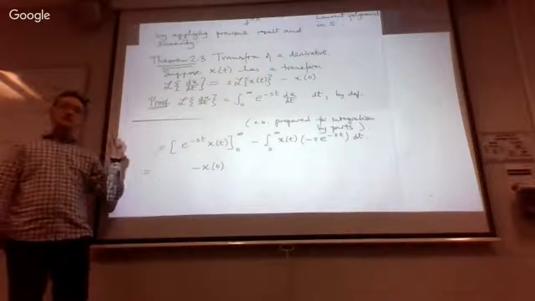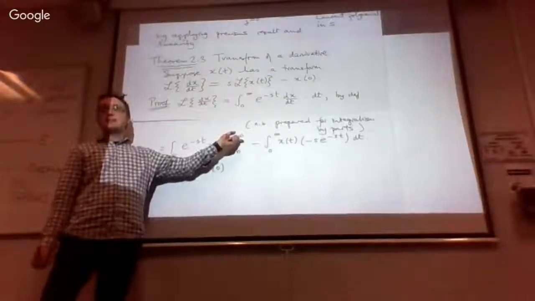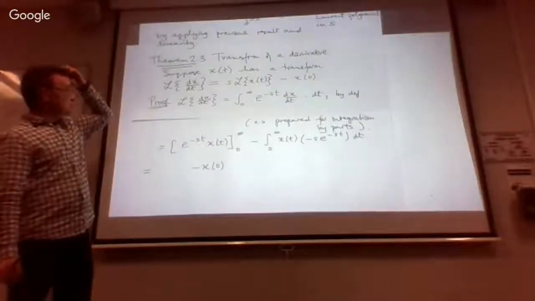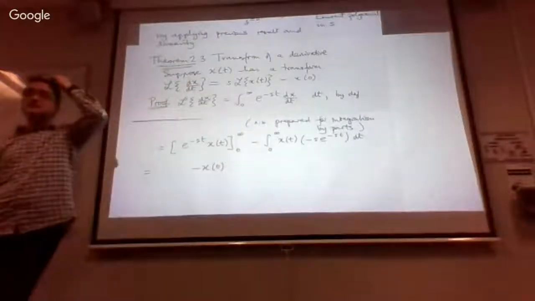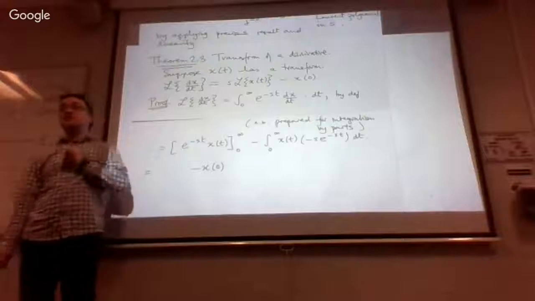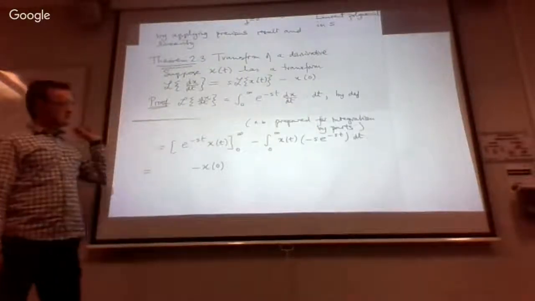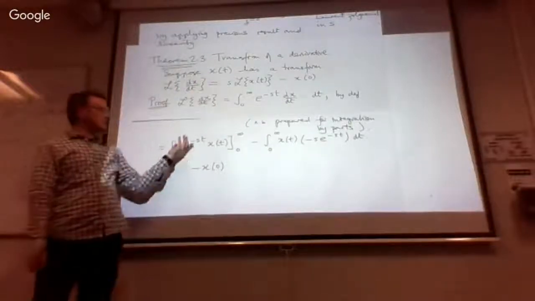In the front, you get the limit of this whole expression as t goes to infinity. But we assumed that x has a transform. If x has a transform, it means that eventually x is dominated by some exponential. It's not as if x explodes in value later on faster than some exponential.